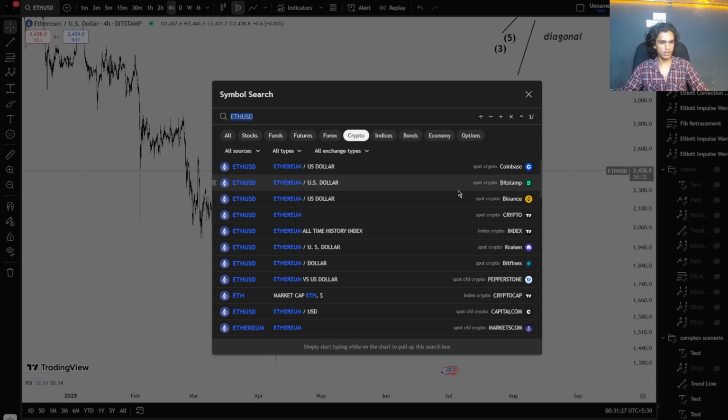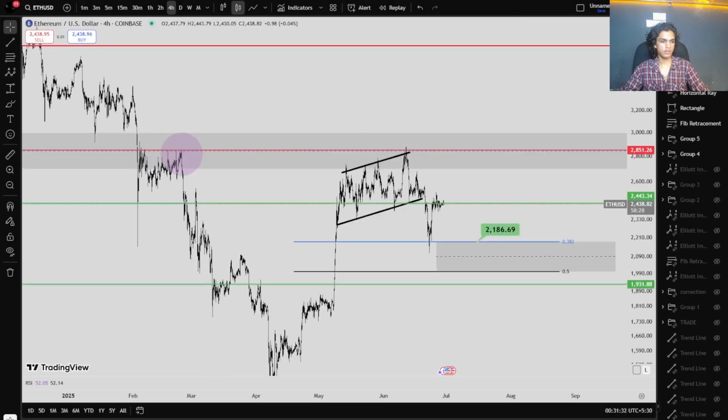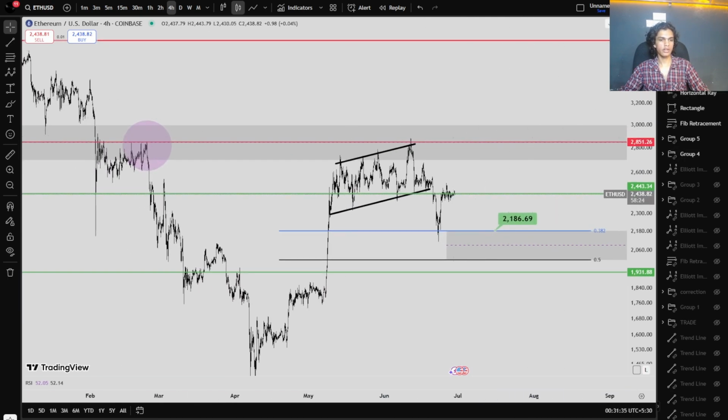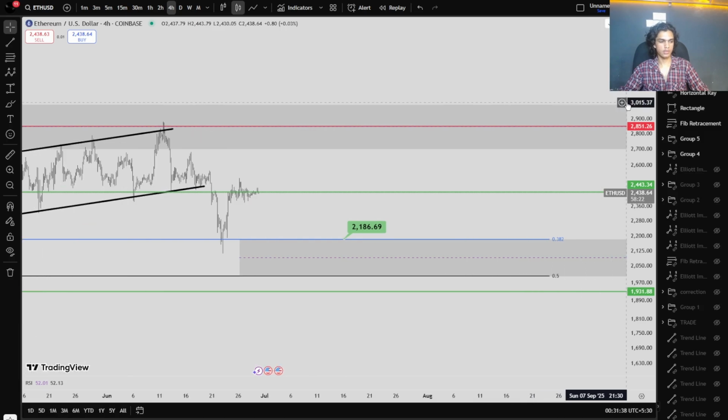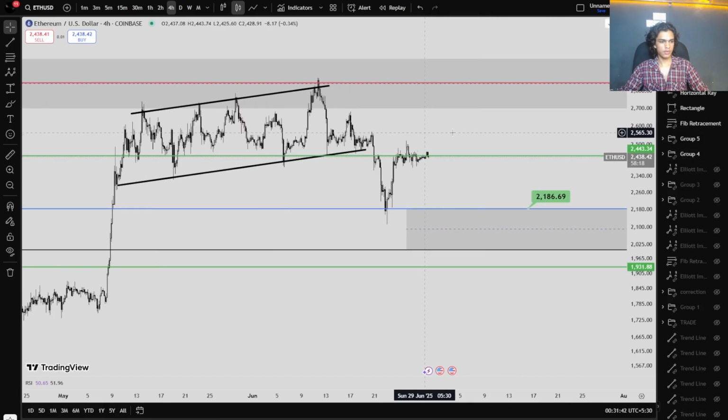So let's go to another chart, and I'll explain what happened to the last prediction. The key levels that I drew here, I explained why I drew them in the previous video, so you can check that. As I told you, if this green line is broken, we can see a drop in the market. So we formed this bearish pattern.